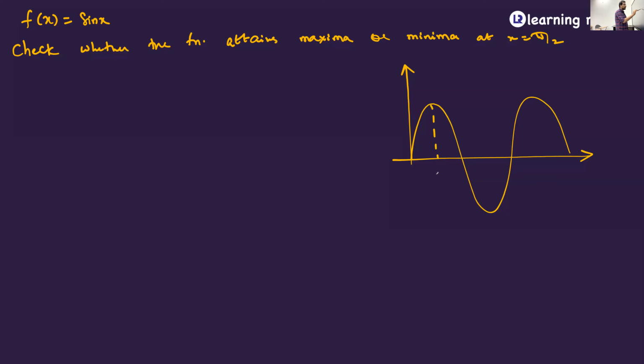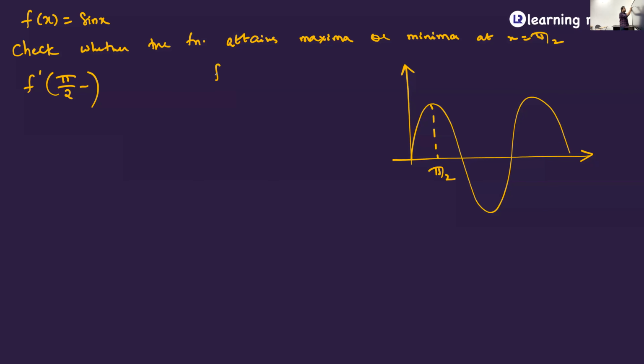So this is the point pi by 2. By graph, I can say it attains maximum. Now the question is, how do I use the derivative test to verify whether it is attaining maximum or minimum? First I need to find f dash of pi by 2 minus and check the sign of it.